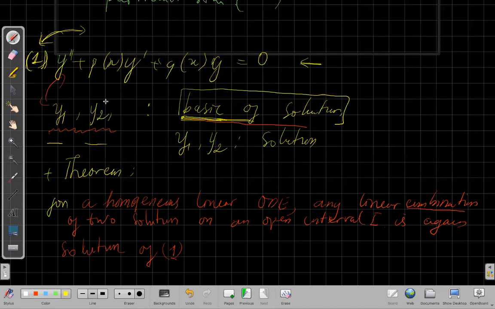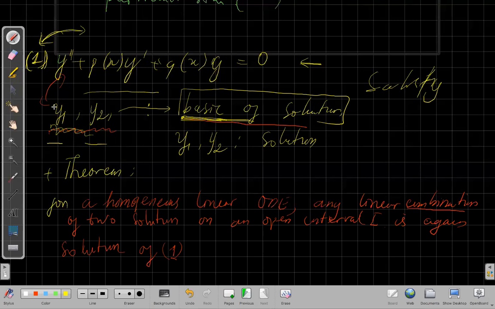That means y1 and y2 both satisfy this equation, so we can call them solutions.